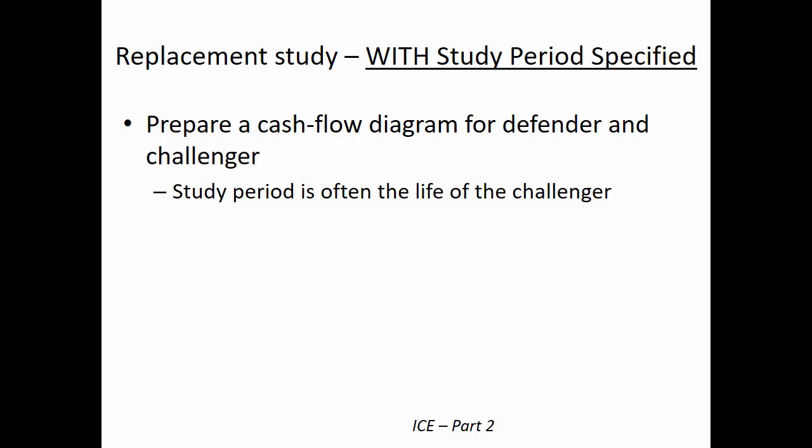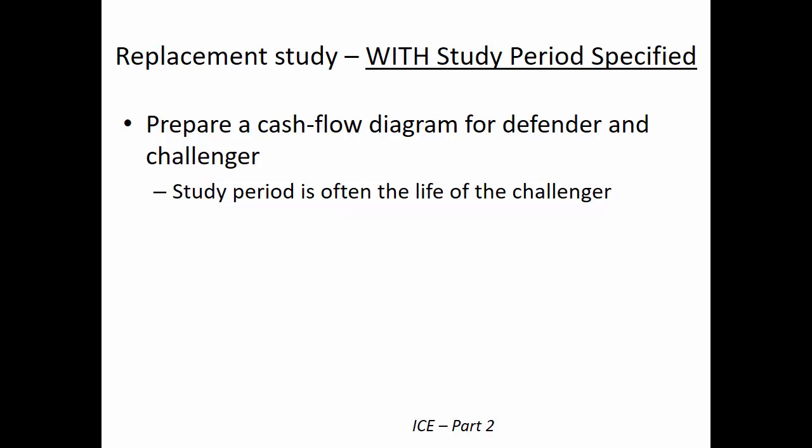So the approach in a situation like that is to prepare a cash flow diagram for both alternatives. One common thing is that you have existing equipment and new equipment, and the existing equipment is going to last for a short number of years and the new equipment would last for longer. Sometimes the study period is the life of the new equipment that you're considering.